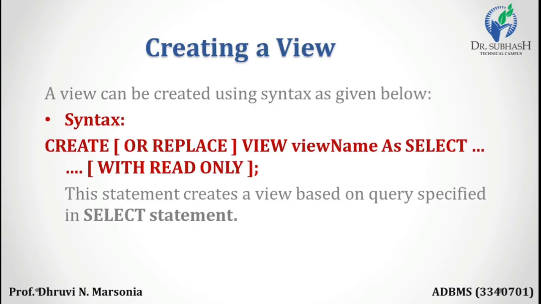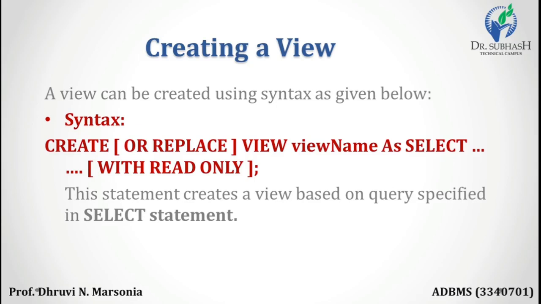How do we create a view in Oracle or SQL? Let us see the syntax. A view can be created by the following syntax: CREATE [OR REPLACE] VIEW view_name AS SELECT ... WITH READ ONLY.